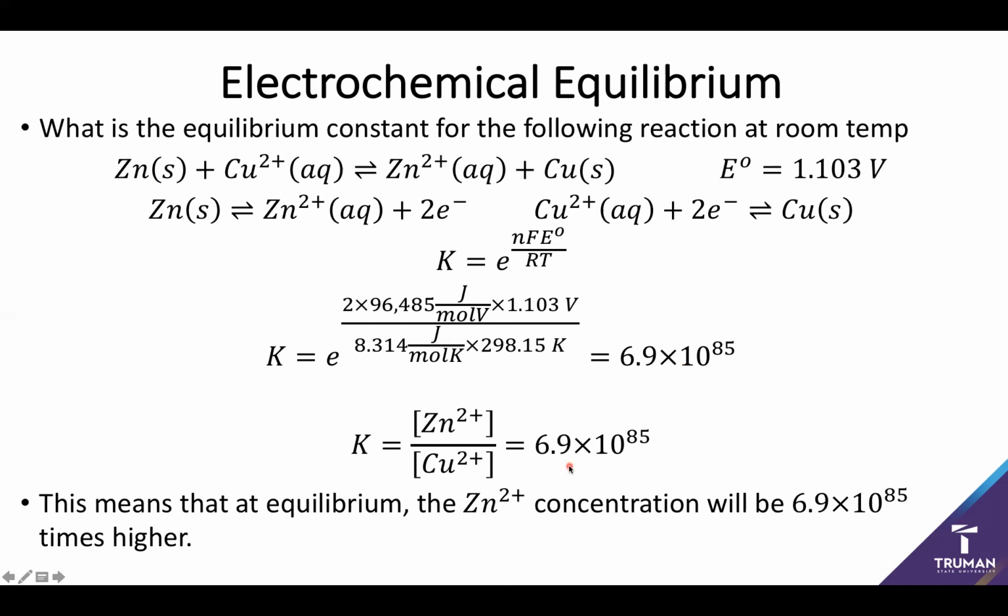Meaning that once the system reaches equilibrium, the concentration of the zinc ions should be about 7 times 10 to the 85th times higher. That's a little much, but it really does illustrate the large magnitude of the equilibrium constants we'll be dealing with in electrochemistry.